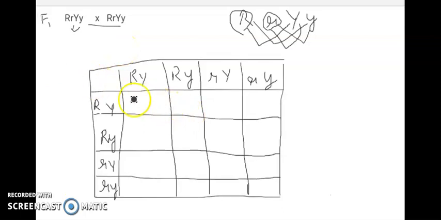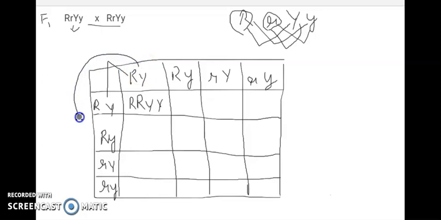Now let us cross each of these. So what do we get? This will combine with this one and it forms capital R, capital R, capital Y, capital Y. Okay. Now again, if this male gamete combines with the next gamete, what will happen? It will form capital R, capital R, capital Y and small y. Okay.